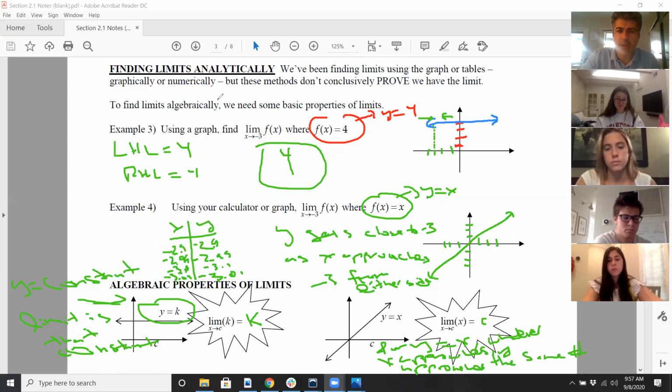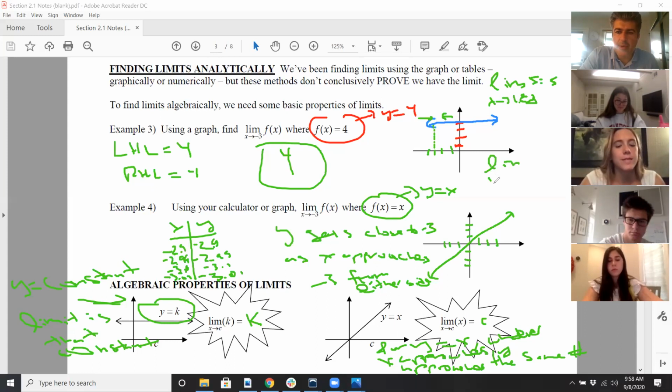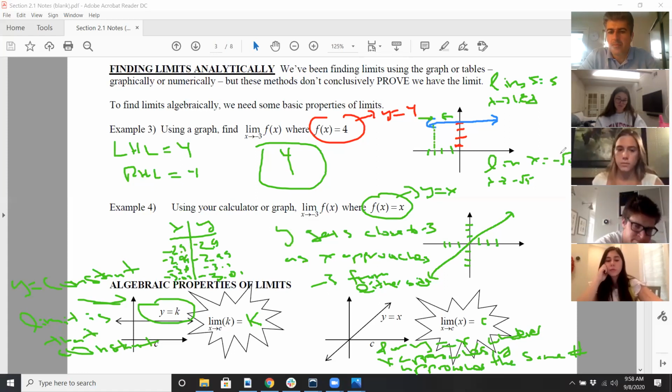So for example, if I ask you to find the limit as x approaches a random number like 1.28 of 5, the answer is still going to be 5. Or let's say I ask you to find the limit as x approaches negative root 5 of x, the answer is going to be negative root 5. So yeah, no exceptions at all.